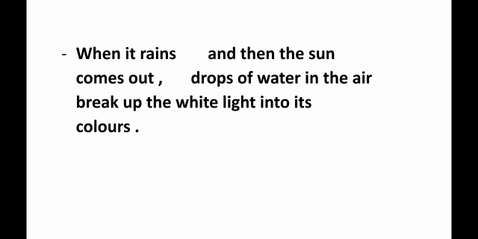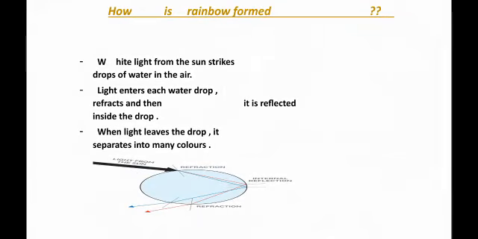So the question now is, how is a rainbow formed? White light of the sun strikes drops of water in the air. After raining, there are drops of water which remain suspended in the air.